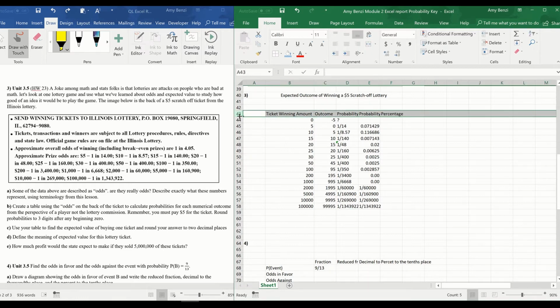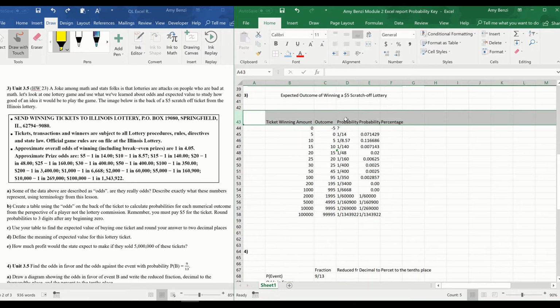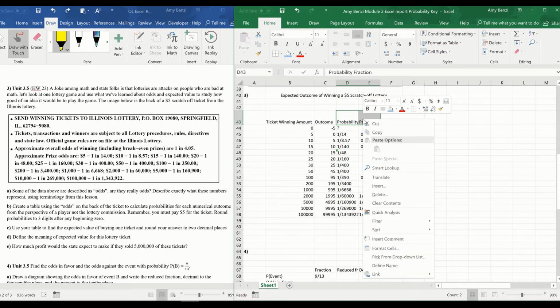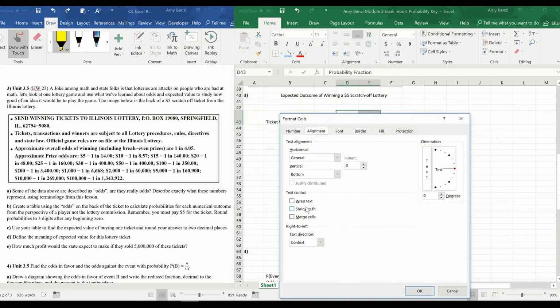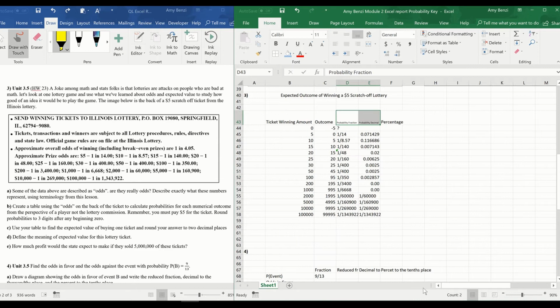Then again, I'm just going to extend these a little and wrap these. Format my cell, wrap. I'm just going to see what shrink to fit does because I actually don't know. Oh no, I don't like that. It's too small.